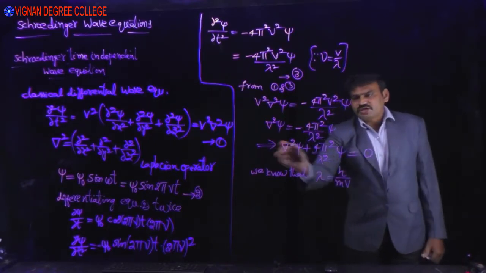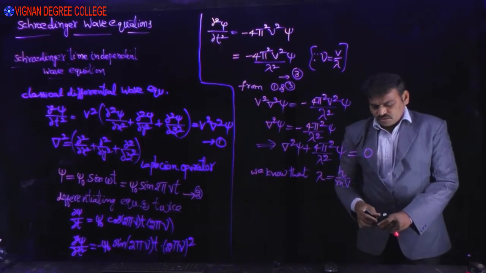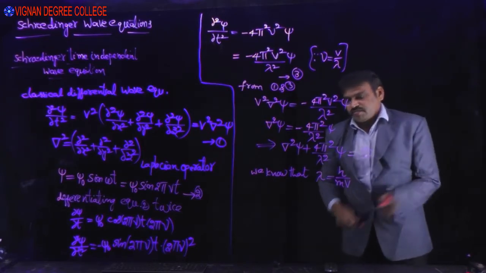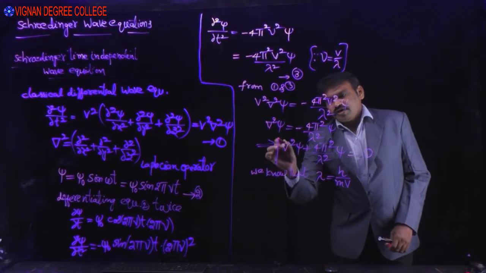Here in this equation, lambda square. So lambda square is equal to h square by m square v square.